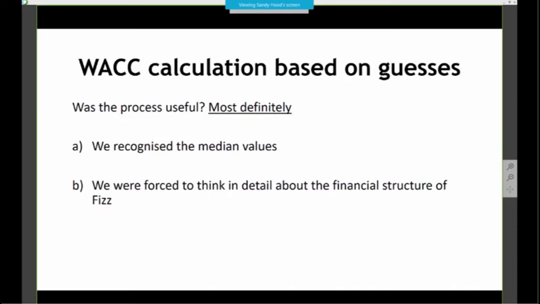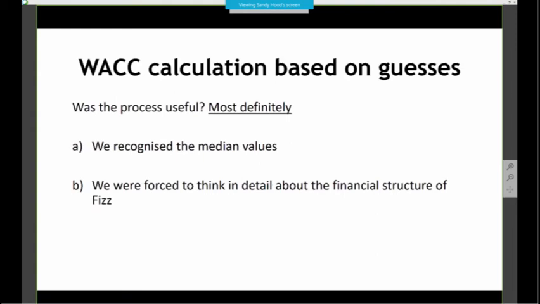I think that it opens your mind up to the kind of information that could go in an unseen exam. I think we can recognise the median values and the usefulness they have in making comparisons with FIS. And it forced us to think in detail about the financial structure of FIS.